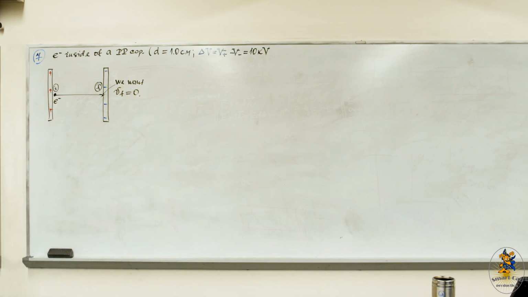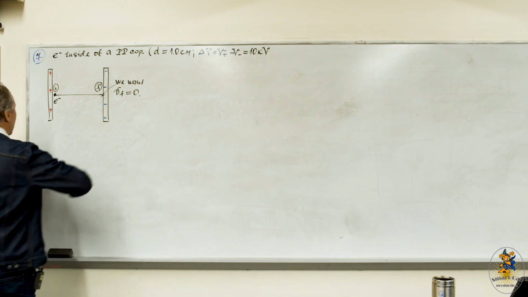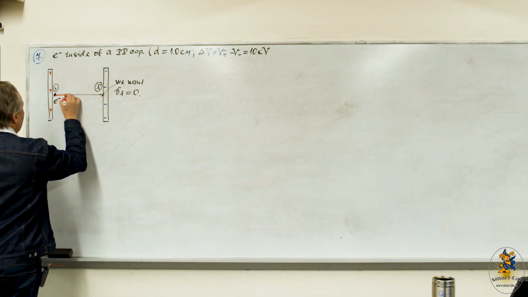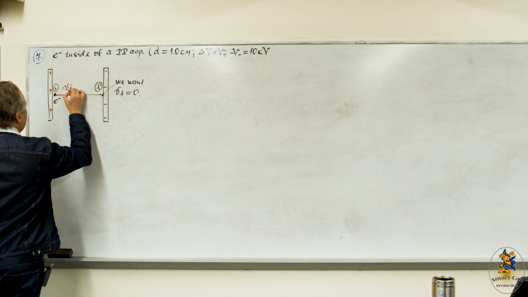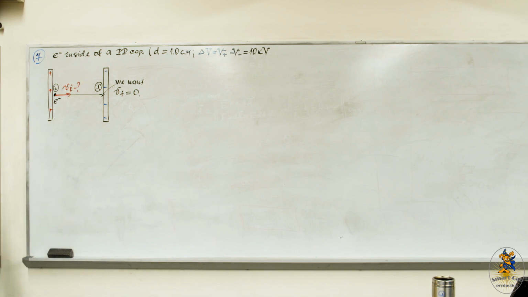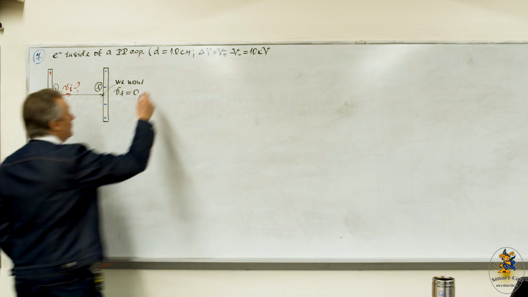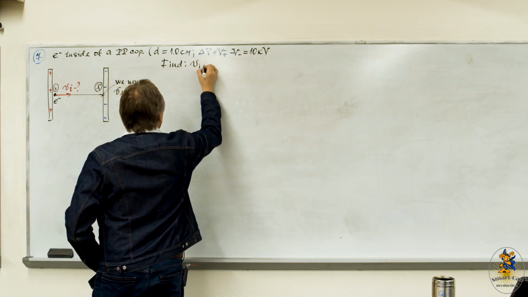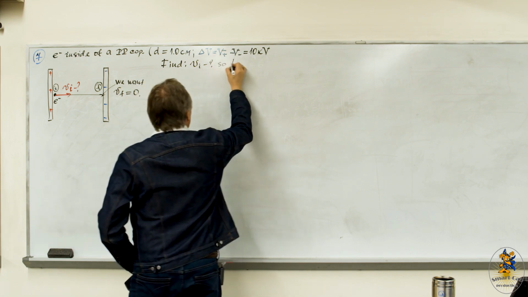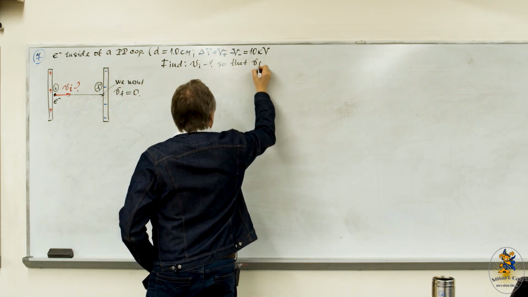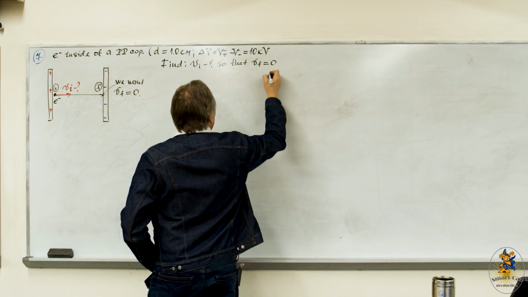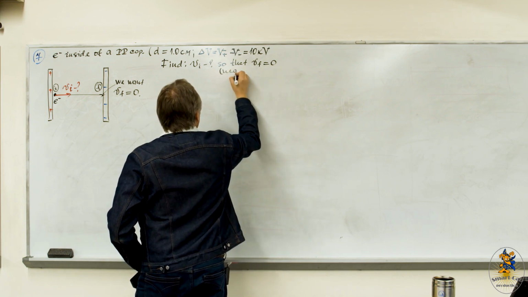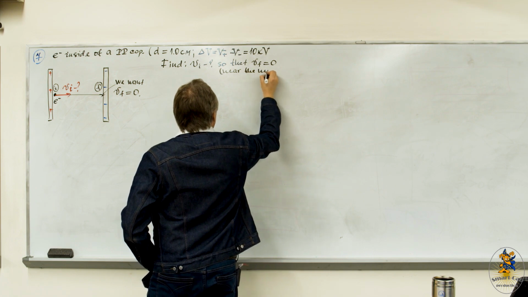Your boss gave you an assignment, right? So design it so that it will just barely reach that point. And the question is, we need to find this V initial, so that V final is 0 near the negative electrode.